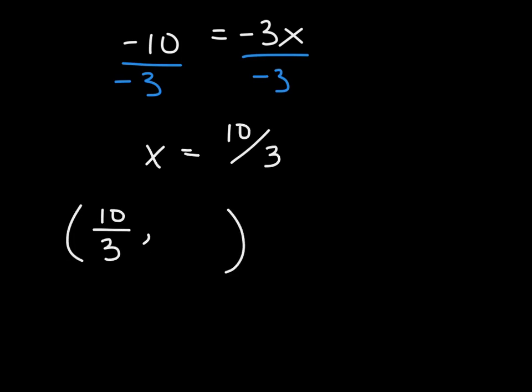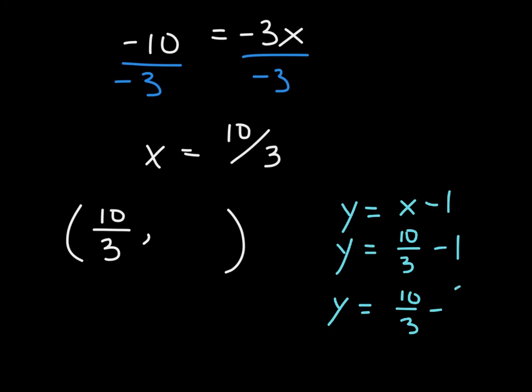So the point at which it's crossing your slant asymptote is 10/3, comma, wait a minute, how do we find the y-coordinate? Well, the graph is crossing at the slant asymptote. Remember that the slant asymptote has the equation y equal to x minus 1. So if you're looking for your y value, just plug in the x value of 10/3 and you'll get your y value. So then this is 10/3 minus 3/3.